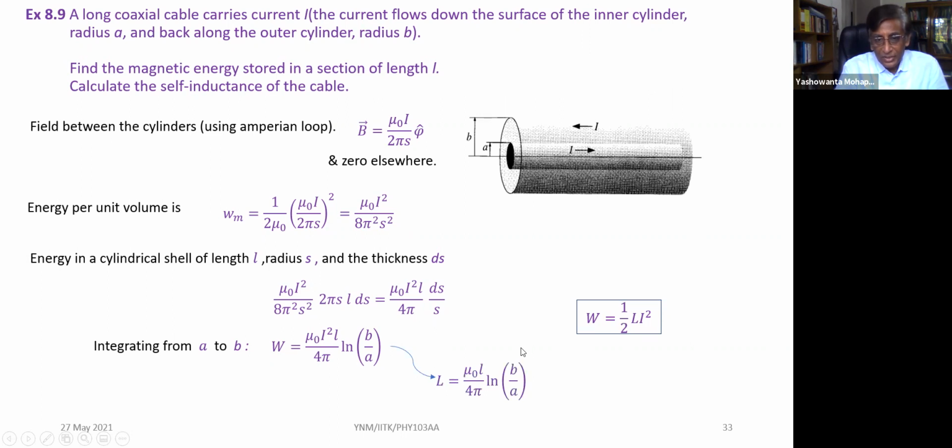That's my L. So this is quite a neat way of getting L through magnetic energy.